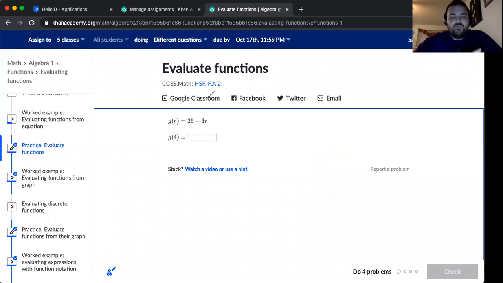Alrighty, let me clear off my screen. All right, we have a new function here. We have the g function. G of r equals 25 minus 3r. And they want us to find and evaluate g of 4. So we're going to take 4. It's our input. We're going to plug it in place of r in the function. So we end up with 25 minus 3.